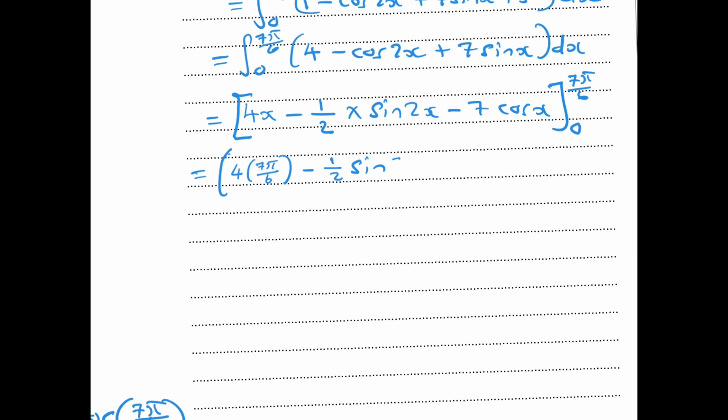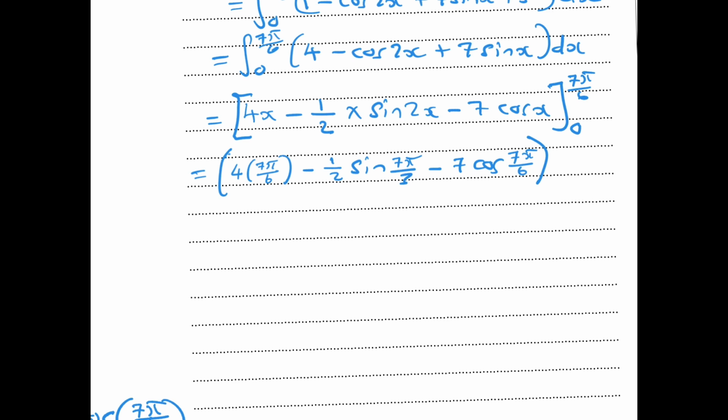That will give me 7 pi over 3. Okay, minus 7 cos of 7 pi over 6. So that is what is going to be in the first bracket.